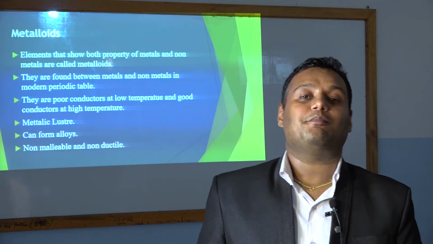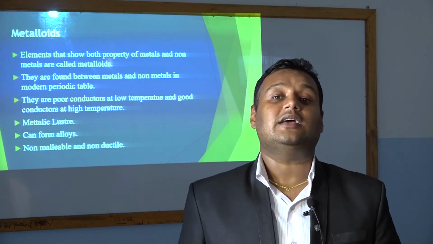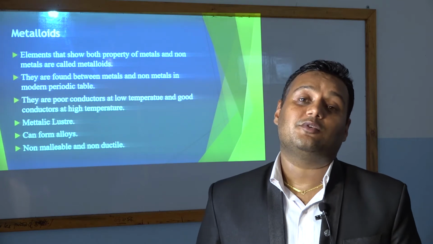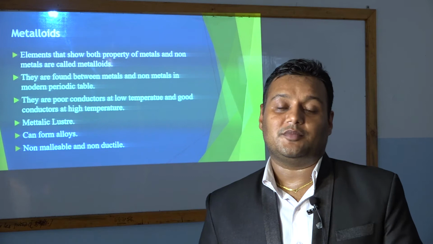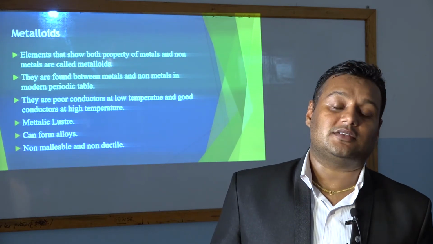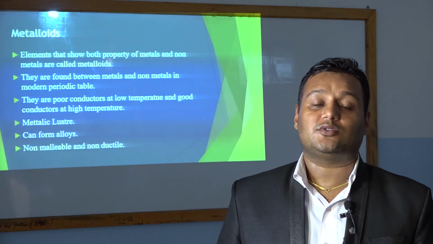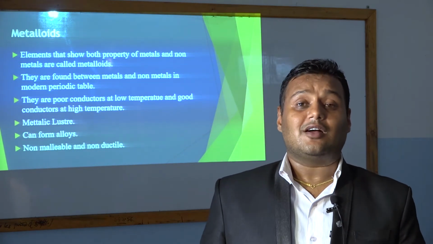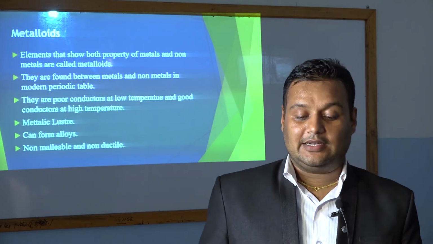When they behave as good conductors, they show the property of metals. When they become bad conductors, they behave like non-metals. So they have a confusing character between metals and non-metals.